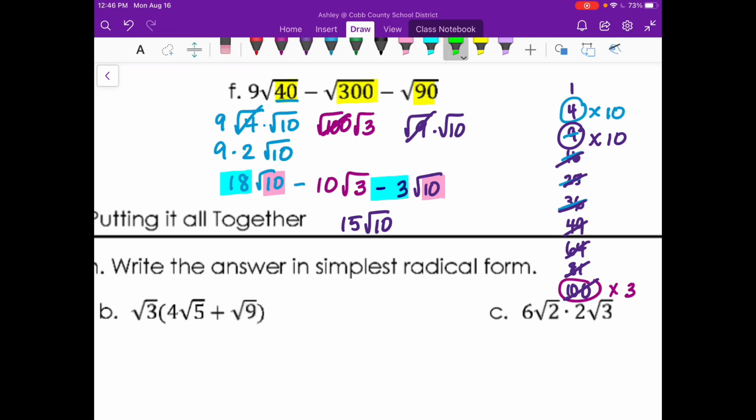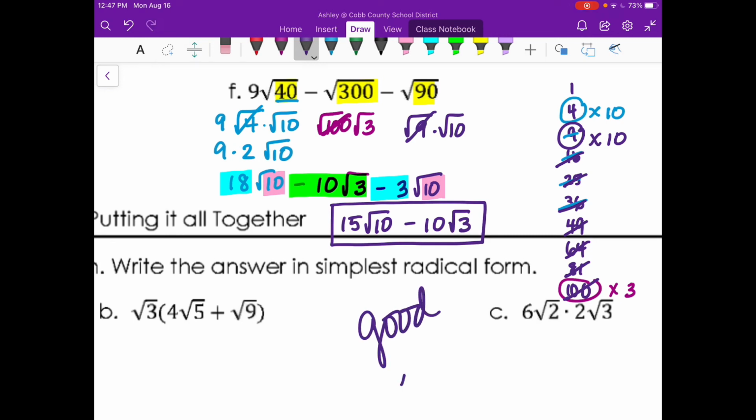And then I have this third radical, which does not have a matching radicand, and so it cannot be combined, but it doesn't just disappear. I just write it down, minus 10 radical 3, at the end of my expression. And that's my answer. Now, you're ready to practice adding and subtracting radical expressions on your own. Good luck!